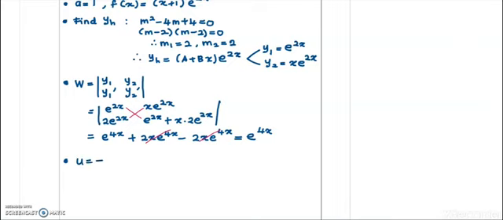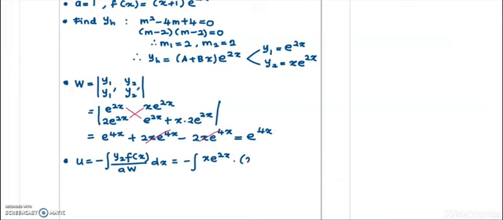Next we need to find u. u again is the negative of the integral of y2 f(x) over a times W dx. So we have negative integral, y2 is x e^(2x), multiplied with f(x).